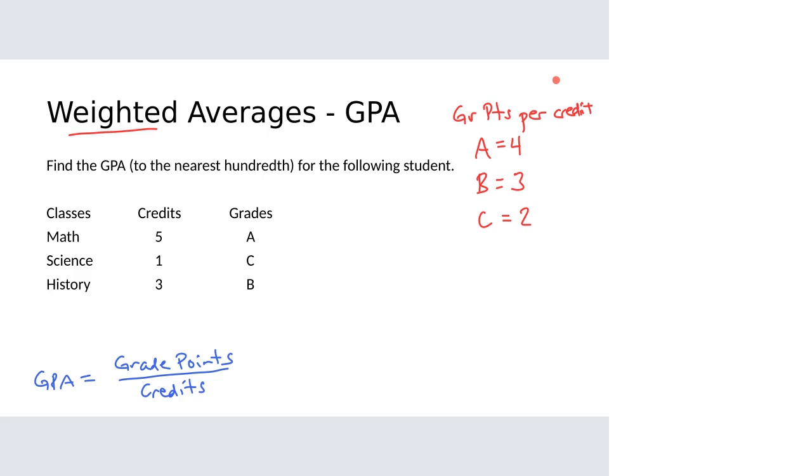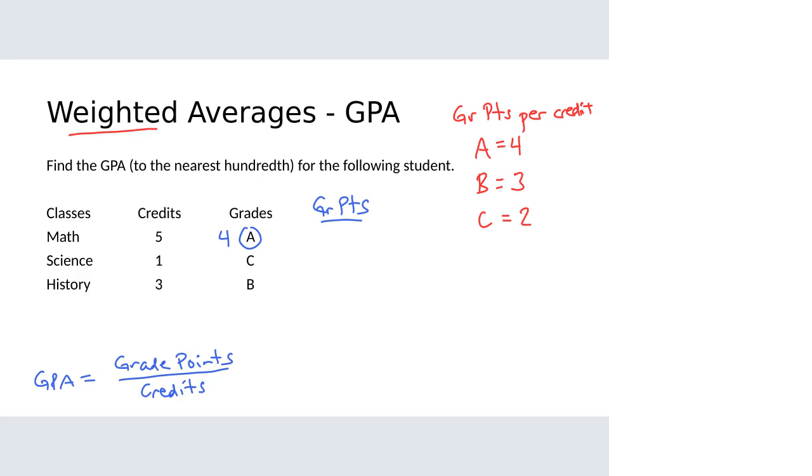And so when we look at this student and we want to figure out how many grade points did they earn? Well, in that math class, they got an A. So this A means 4 grade points per credit. So for every credit they were taking, they earned 4 grade points.